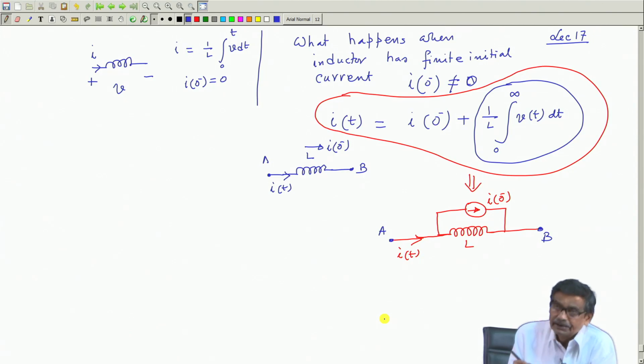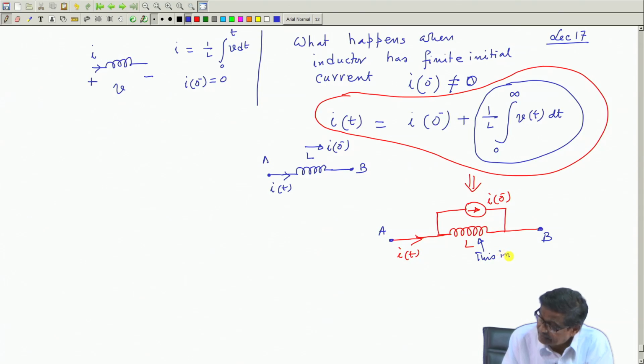Therefore, what we are doing is this inductor, this red colored coil L having the same value L, this part, this inductor has no initial current.